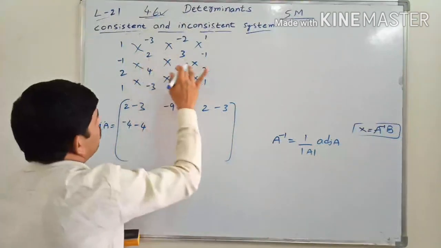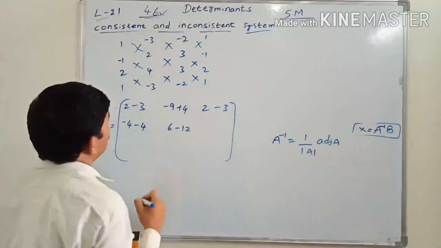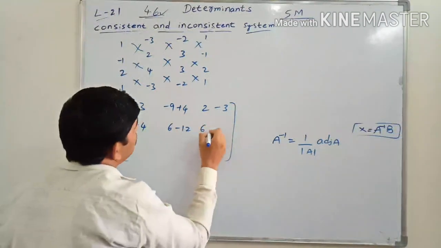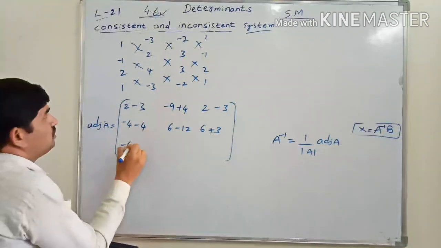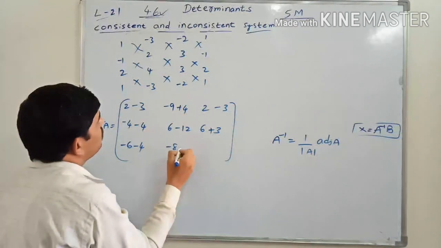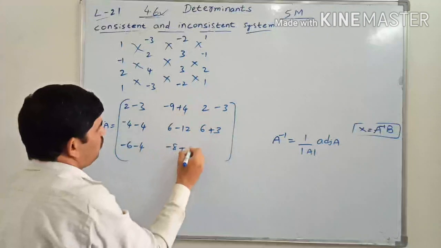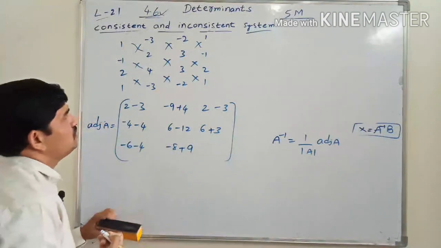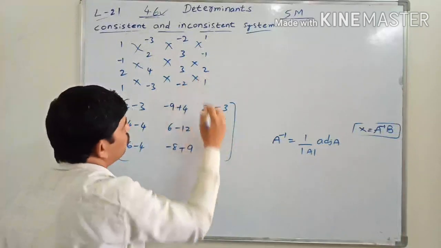After that next see this one, 2 into 3 is 6, minus 4 3s are 12. Again 3 2s are 6, minus plus 3, minus 6, minus 4. Completed. Next minus 8, already having minus means plus, 3 3s are 9. Again we take 3 plus 2 2s are 4.